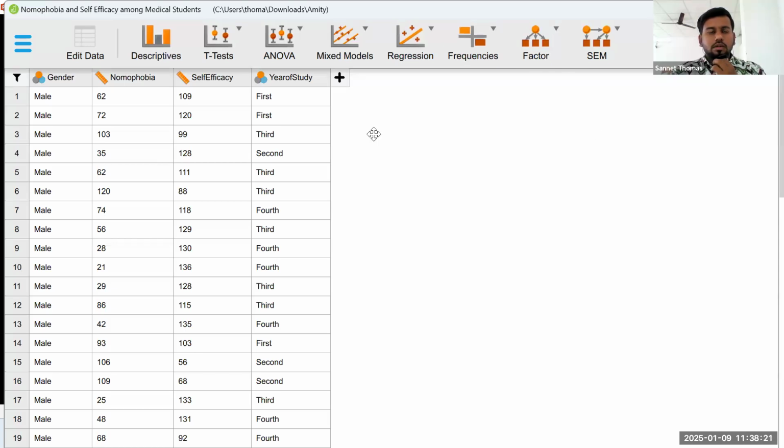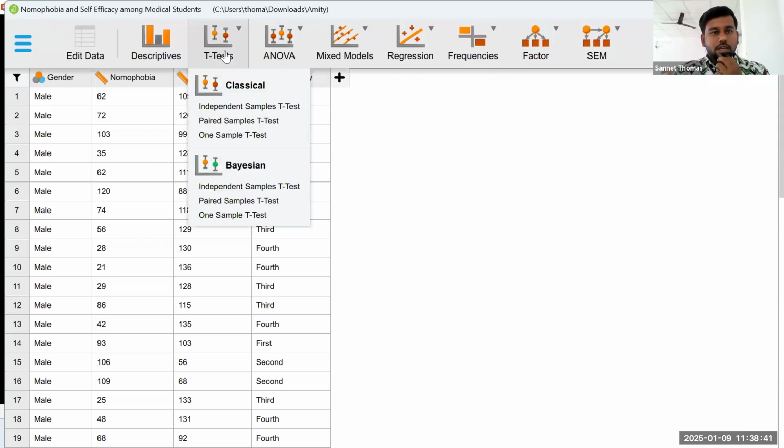After importing, this is the interface of the JASP software. It is very easy. At the top you can see all the options. If you want to do the same t-test, we can apply the independent sample test, especially the classical test here.